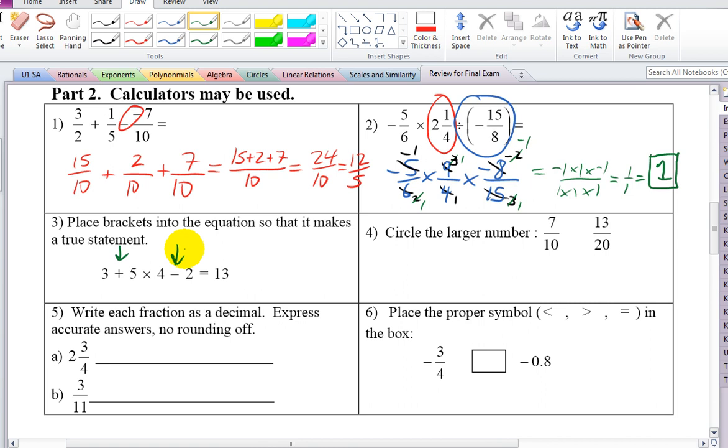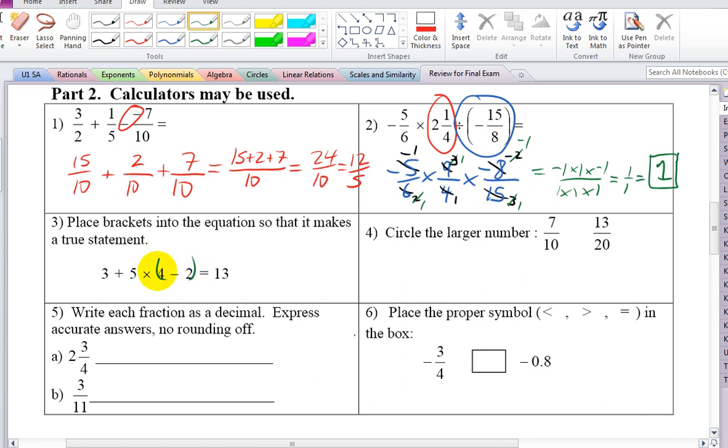Guess and check. So, if we just put brackets at the beginning, what would we get? Well, 3 plus 5 would be done first. Then we have to go 8 times 4, which is 32. Wow, no way we can get 13 because we're just subtracting 2. So we don't need brackets around the beginning. Try brackets here. What do we get? We'll have to do that first.